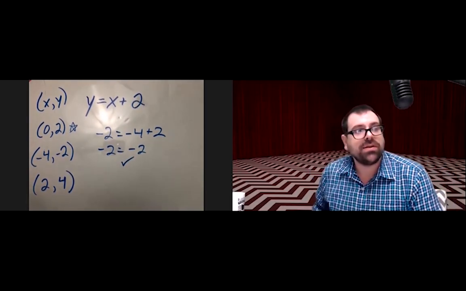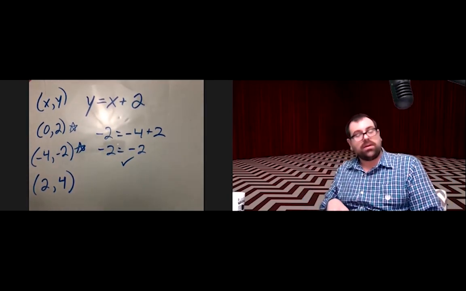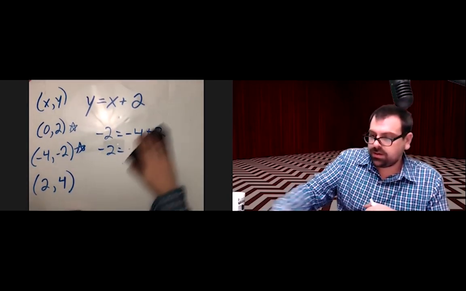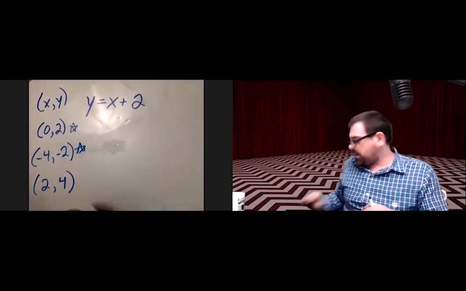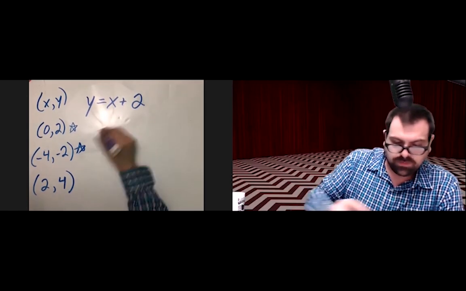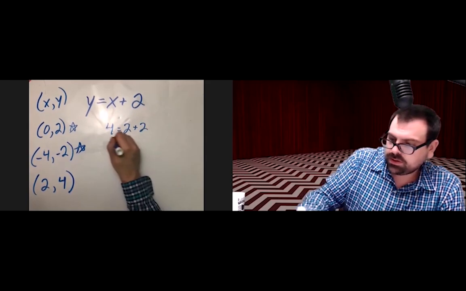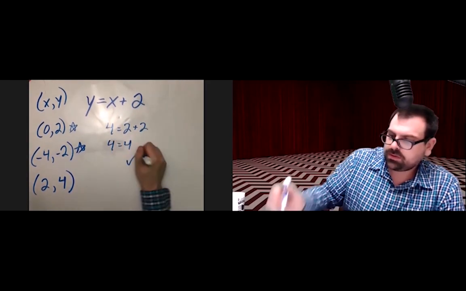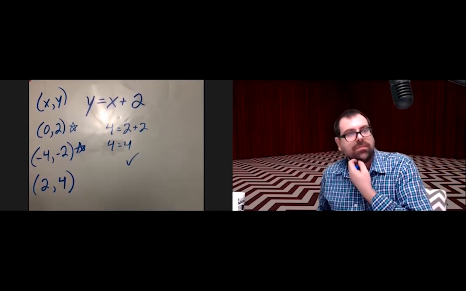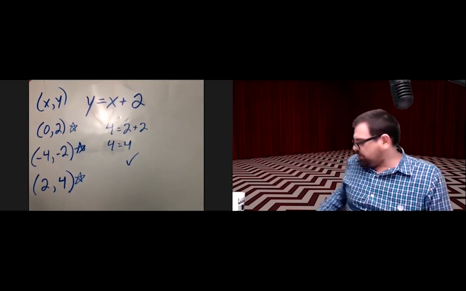Boom, that one checks too. So that one's a solution. Let's check this one, 2, 4. X is 2, y is 4. That checks out. So all three of those are solutions.